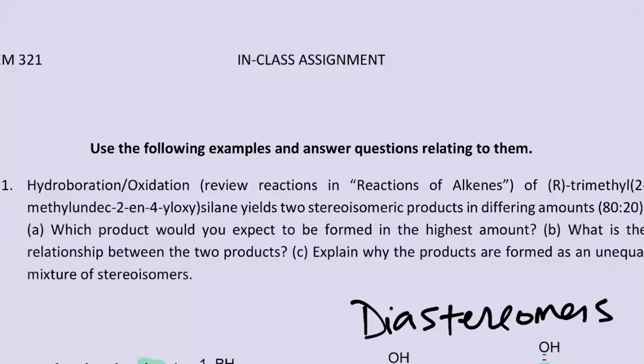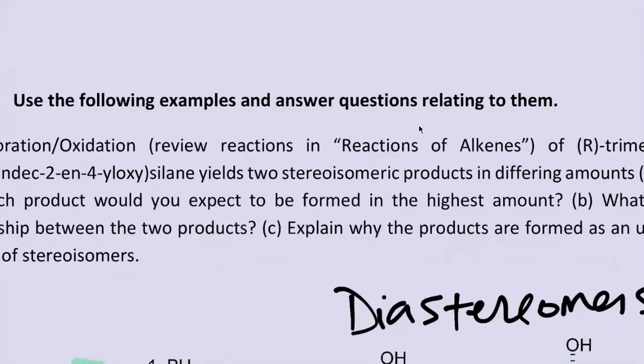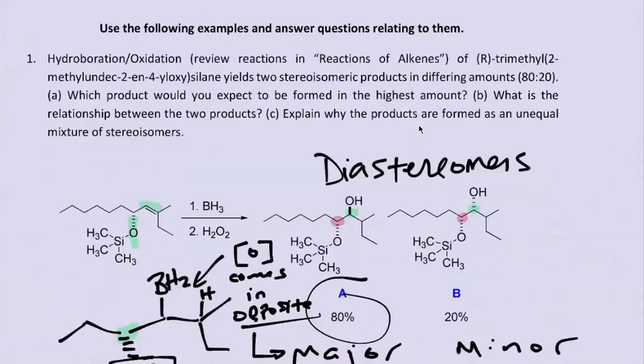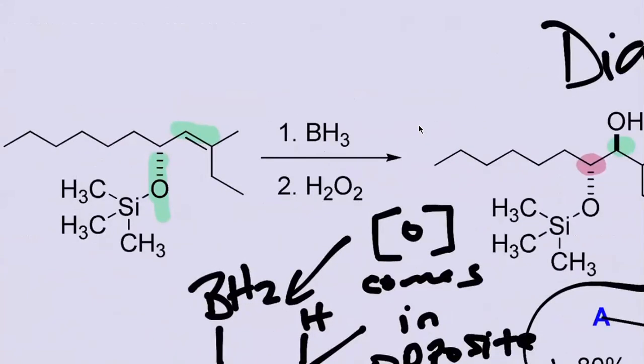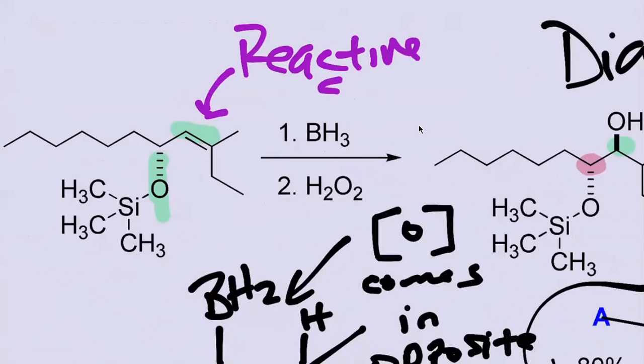Let me share this and we're going to jump back on the next example that we were looking at. All right. So when we look right here on this example, the reactive site is here. That's my reactive site.